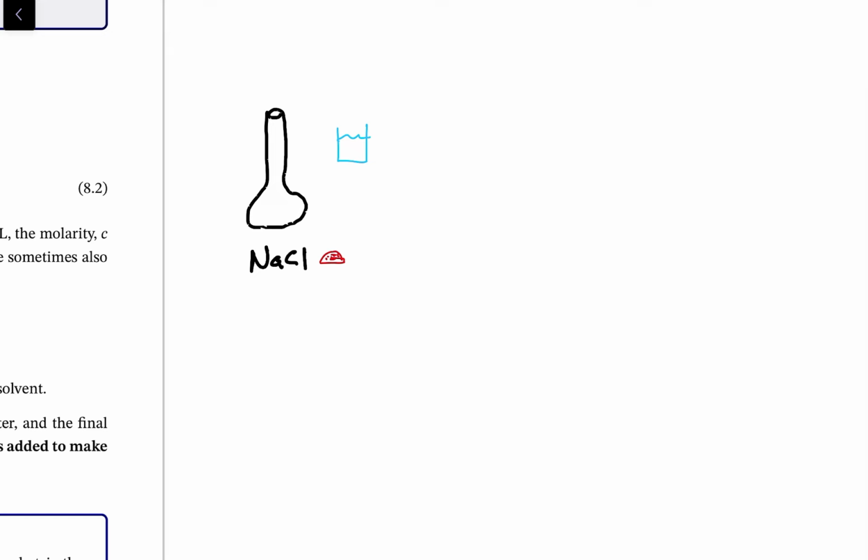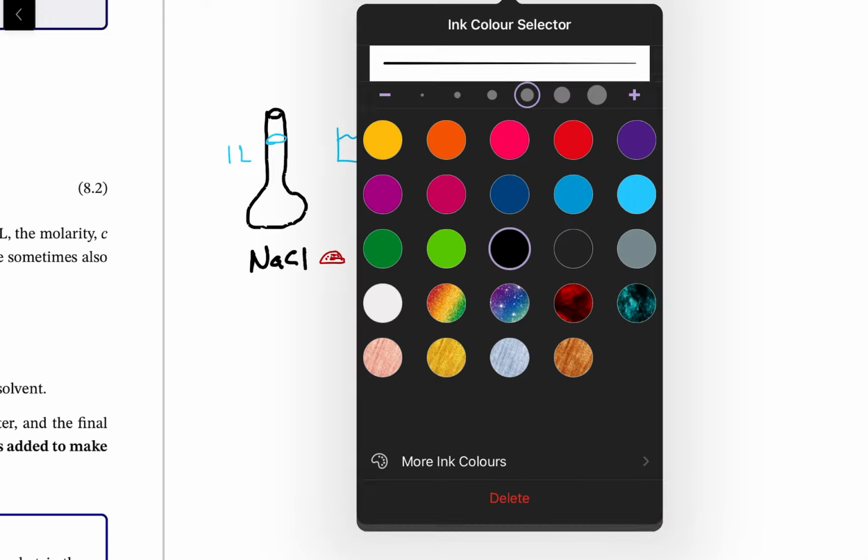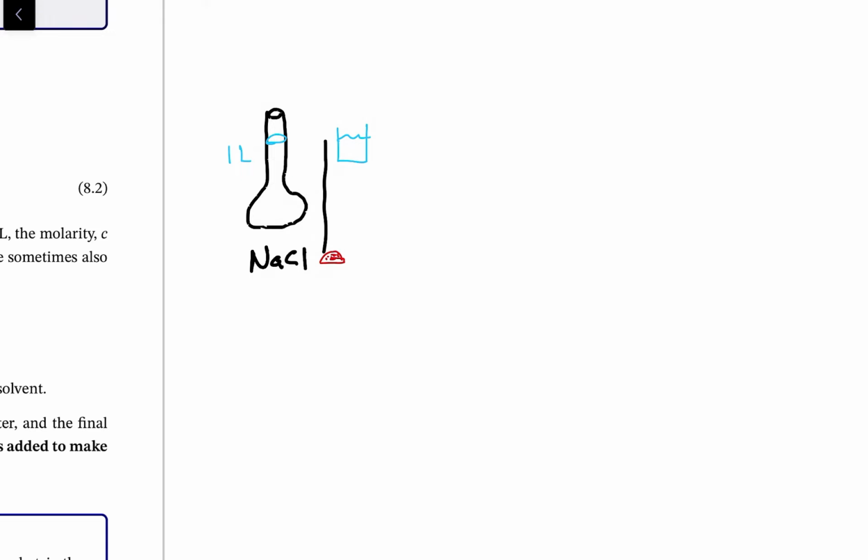So you have enough water, and this is a 1 liter volumetric flask. Okay, so it's 1 liter. And you place your sodium chloride in the flask.